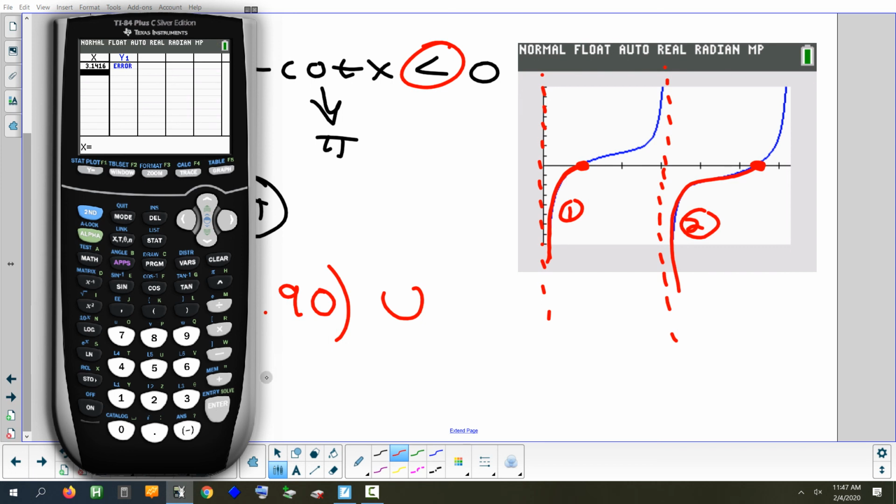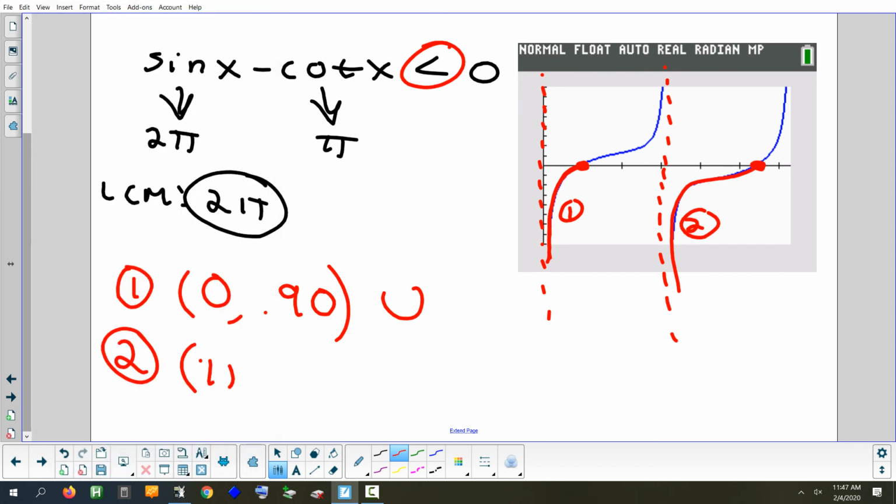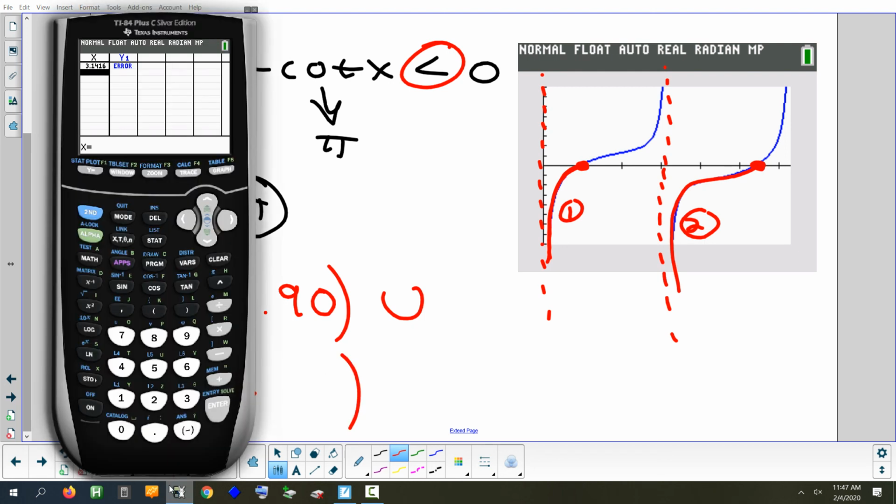So pi up to the second dot in interval 2. Now, I don't even know it yet, but is it going to be bracket or parenthesis? Right. It's parenthesis for the same reason the 0.9 was parenthesis.